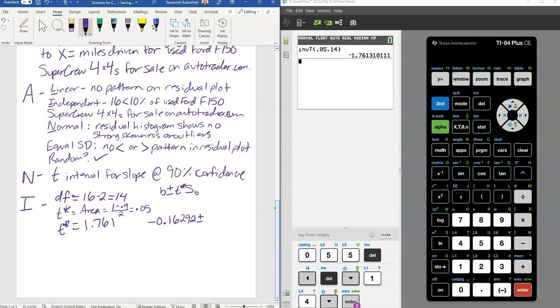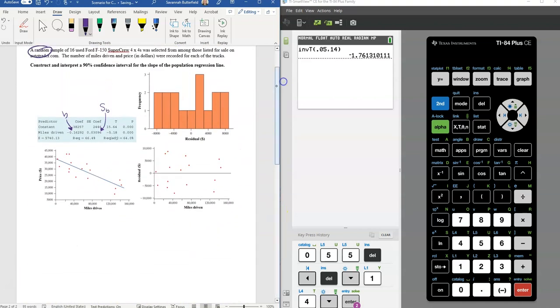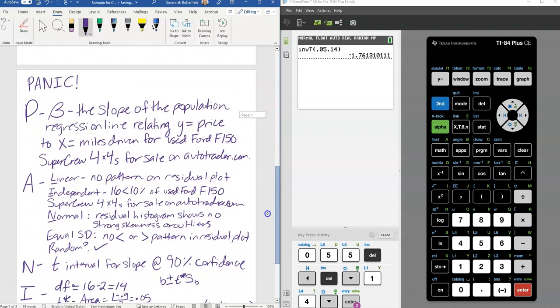I know it's a long number, but to be precise and accurate, we are going to use the full thing. And then 1.761 times, and it told us that standard error was 0.03096. Again, just as a reminder, b value right here, s sub b is right there.